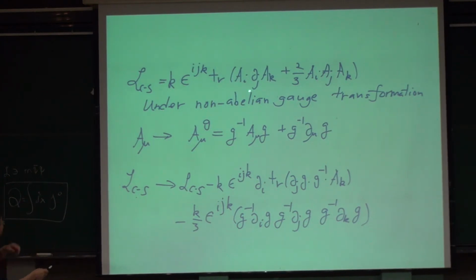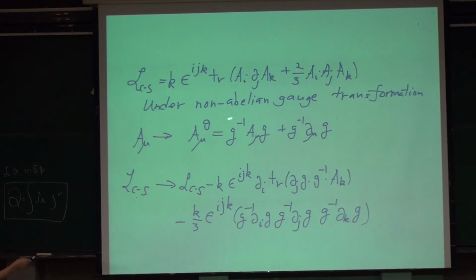But here, the Chern-Simons term just contains 1 derivative. So it has a very special property, but I do not have time today to tell you about the properties of the Chern-Simons term. But anyway, it is a peculiar theory. Topological insulator is a peculiar thing, so we need a peculiar theory to describe it.